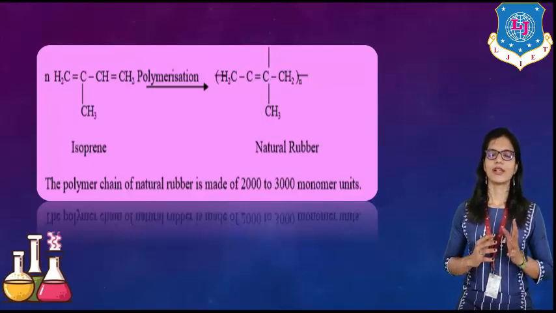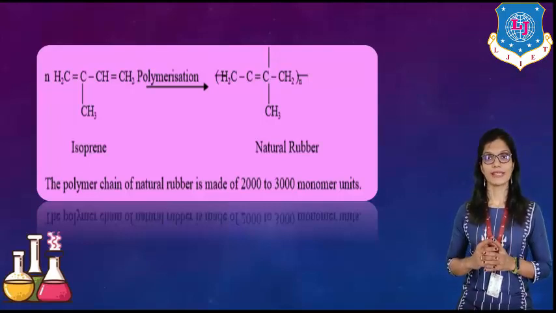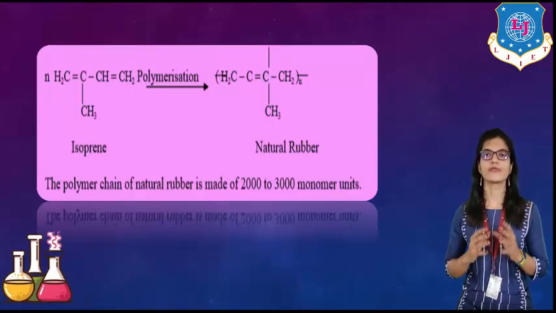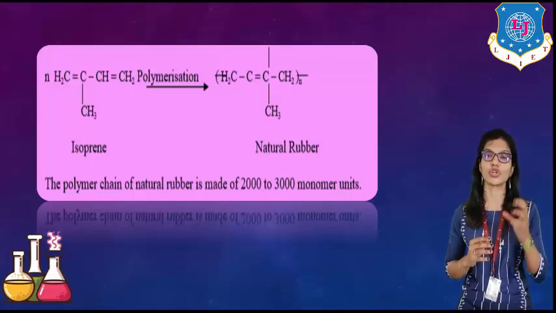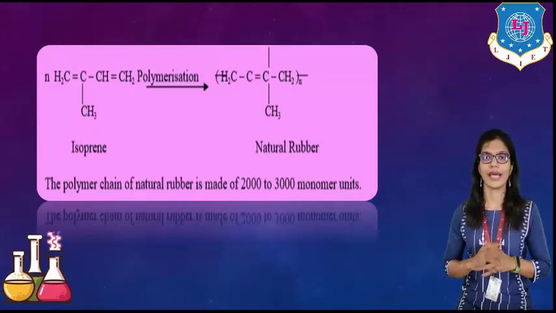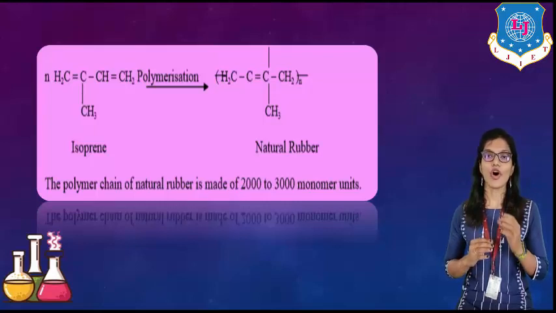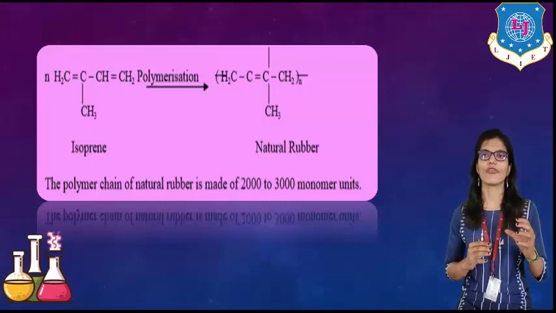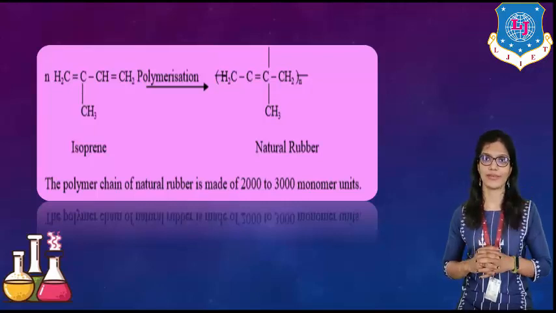Now, let's take a look at the process by which rubber is actually manufactured. The monomer of natural rubber is isoprene.